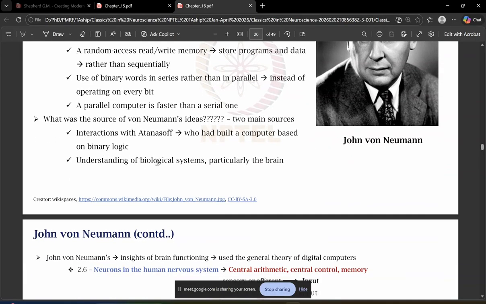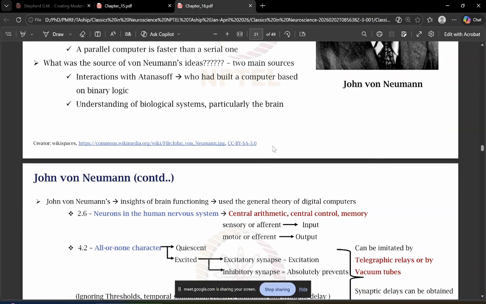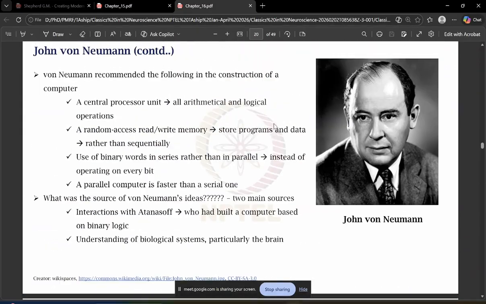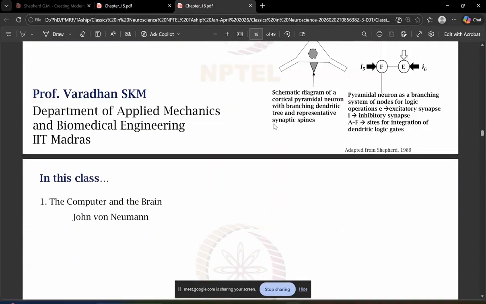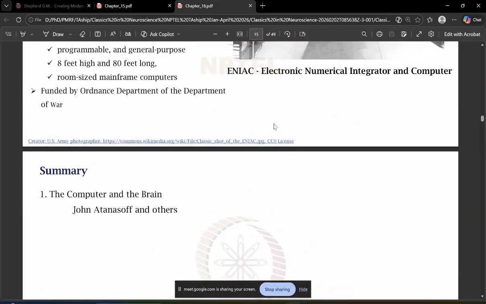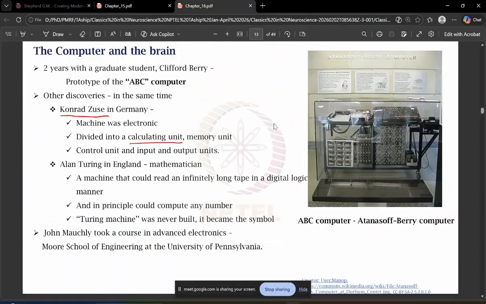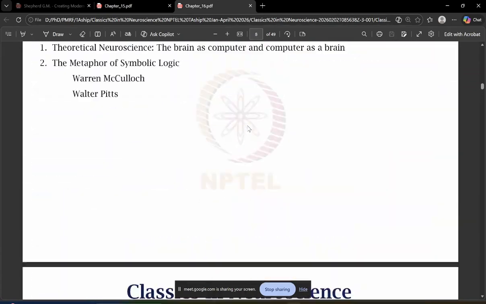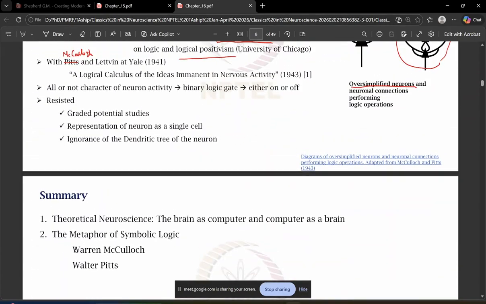The other source is regarded to be his understanding of biological systems, particularly the brain, because of his interactions with two other scientists, Warren McCulloch and Walter Pitts.